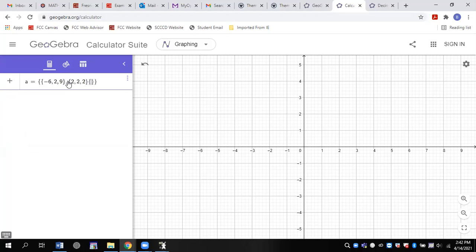Go to the next one. Oops, forgot my comma there. 2, 2, 2. Next one is negative 8, comma negative 8, comma 1. All right, see what I laid out? Each row has its own separate set of curly brackets, commas in between them, curly brackets on the outside of the whole thing, enter. So there it is.